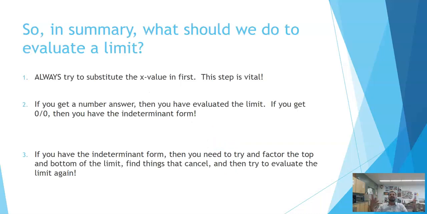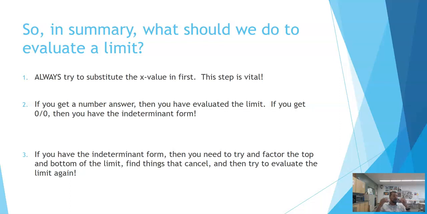So if you want a summary of what we do in order to evaluate a limit, here are your 3 steps. The first thing you do is always plug that x value in to evaluate the limit, because you have to know whether or not you have the indeterminate form. If you get a number answer, congratulations, you have your limit. If you get 0 over 0, then you have the indeterminate form, and you need to do one more step to try to evaluate the limit.